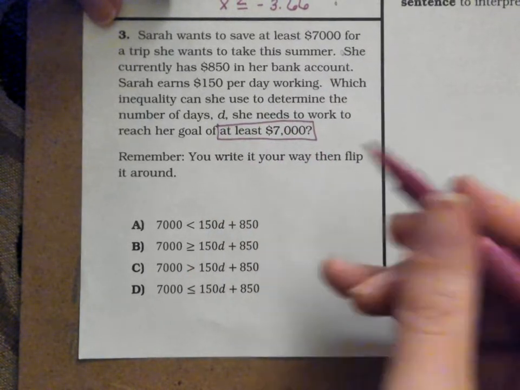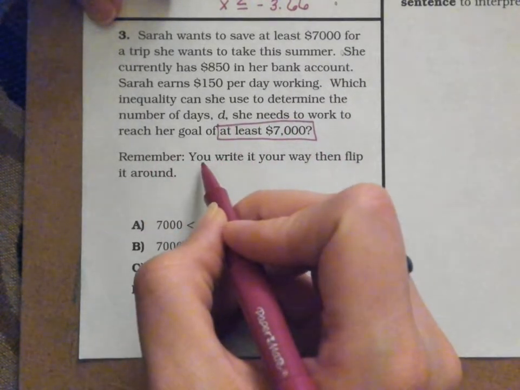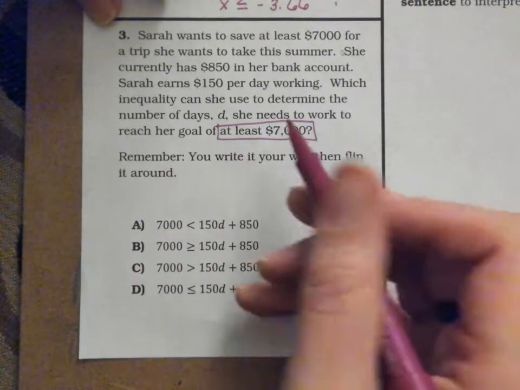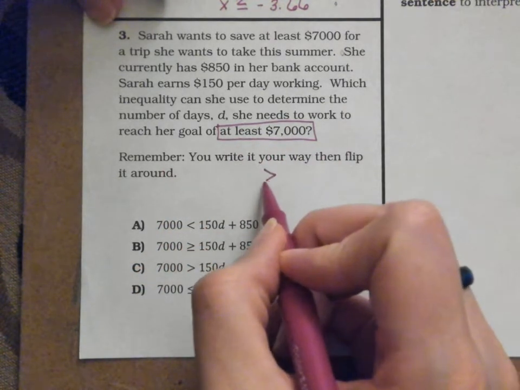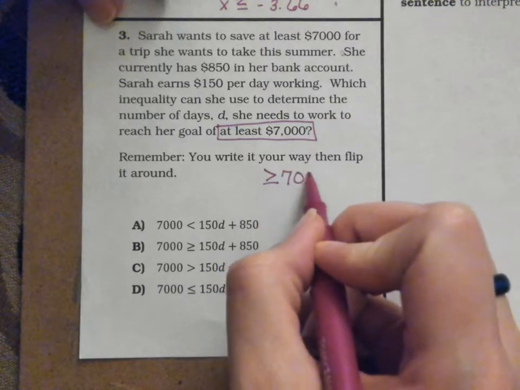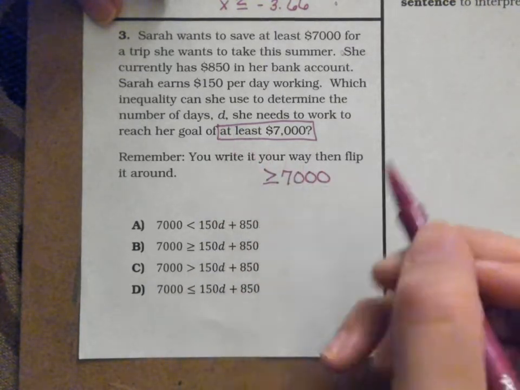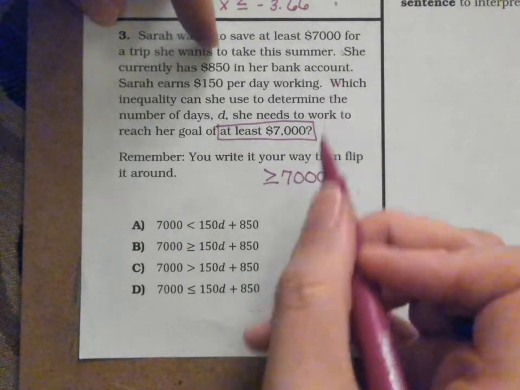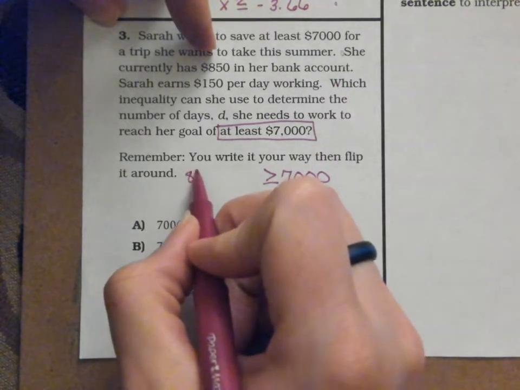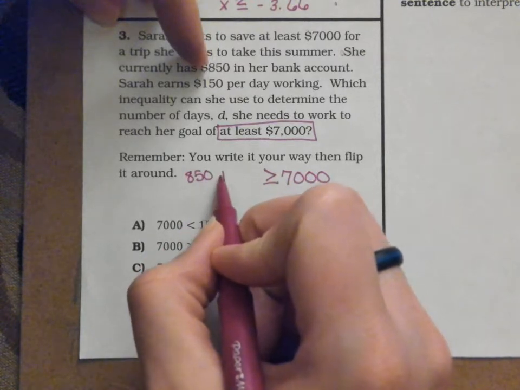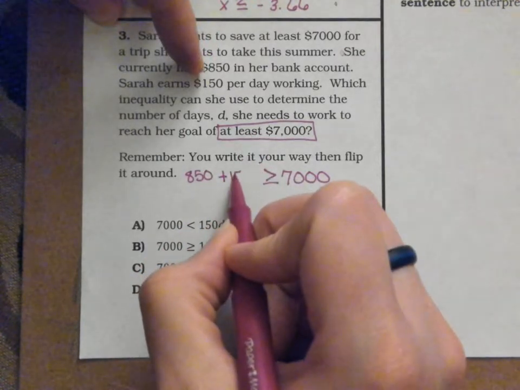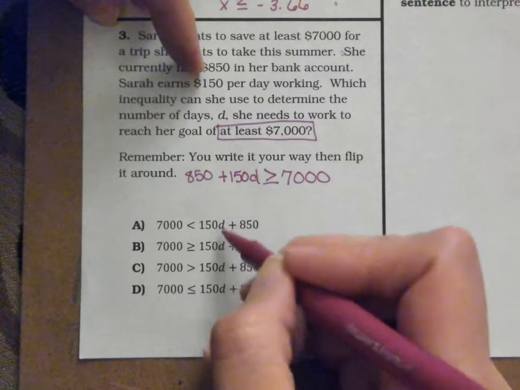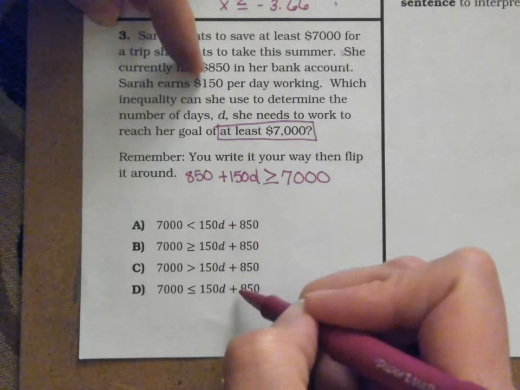Okay. At least, so when I think about this, and this was my hint, write it your way, then flip it around. When I think about this, I'm saying I need more than or equal to $7,000. So if I'm trying to save at least greater than or equal to $7,000. She currently has $850 and she's adding $150 per day, which all of these say 150D plus 850.